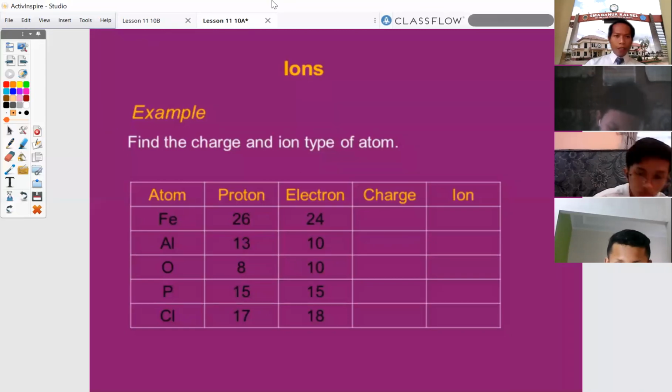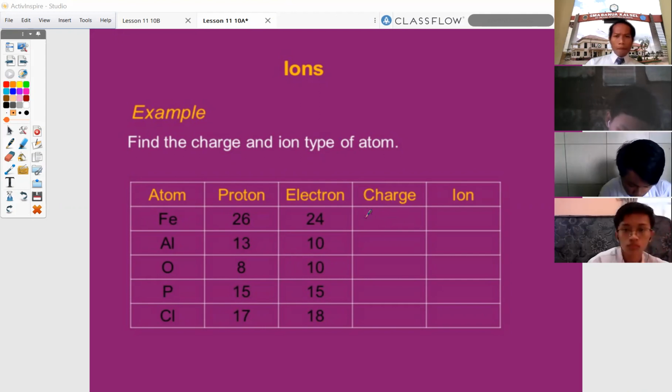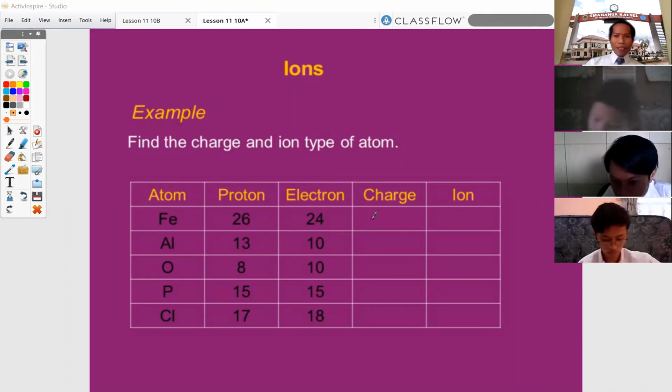We have Arsha Gipari, the first one. The charge is cation, and the ion is... I don't get the ion, sir, but I get the charge. Actually, what you said is the ion.